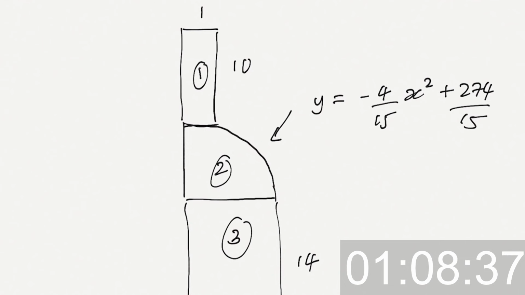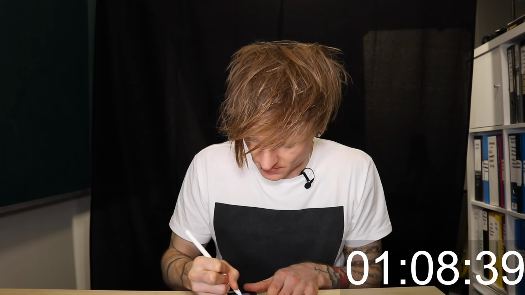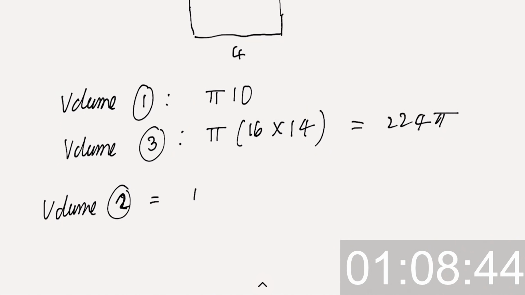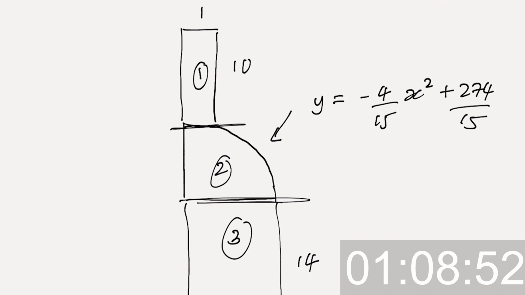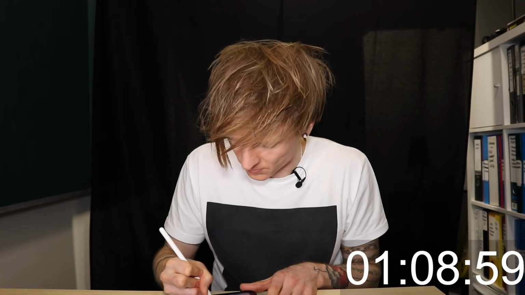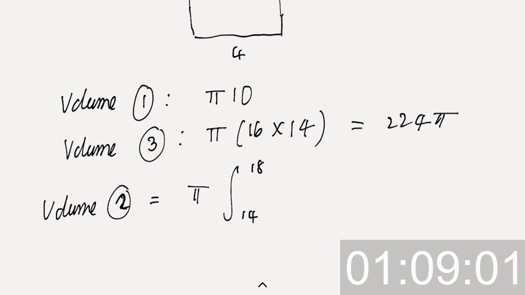We're rotating around the y-axis, so I can say that the volume of 2 is just equal to pi times the integral between these two y limits. I had those before, they were 14 and 18. So I'm going to integrate from 14 to 18 dy, and it's pi times the radius squared, where the radius is given by x, so that's x squared.